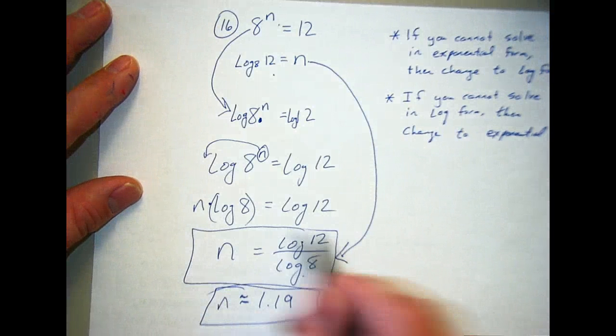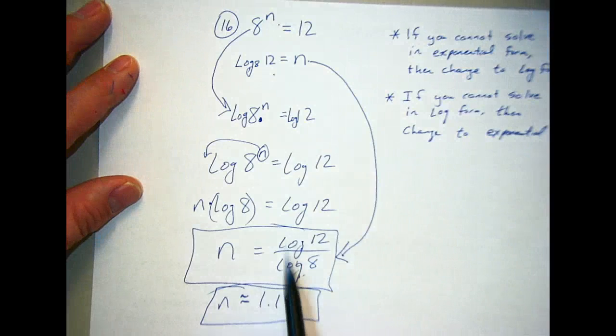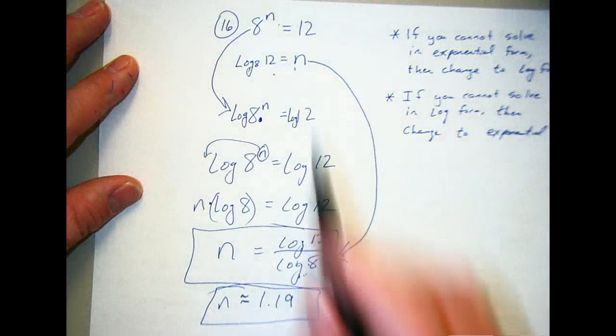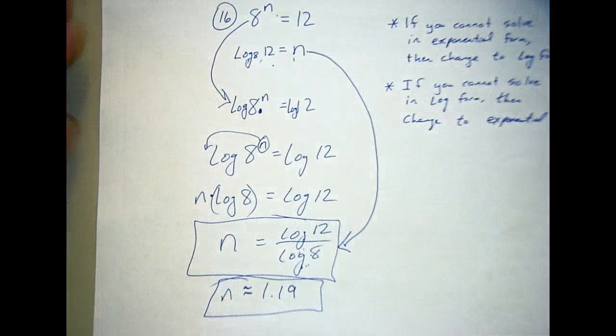Now, you should be able to quickly come up from this form to that using the change of base formula. Tell your neighbor how you could go quickly from this to that. Look at the patterns.